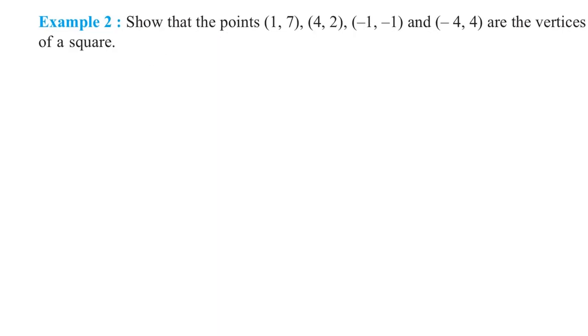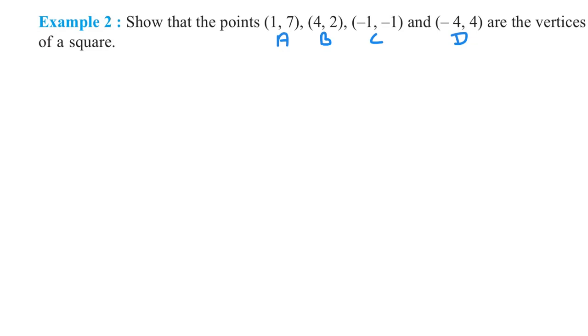Let's try this. Show that the points (1, 7), (4, 2), (-1, -1) and (-4, 4) are the vertices of a square. First, let us label these points as A, B, C, D. This is A, B, C and D. When can 4 points become a square?